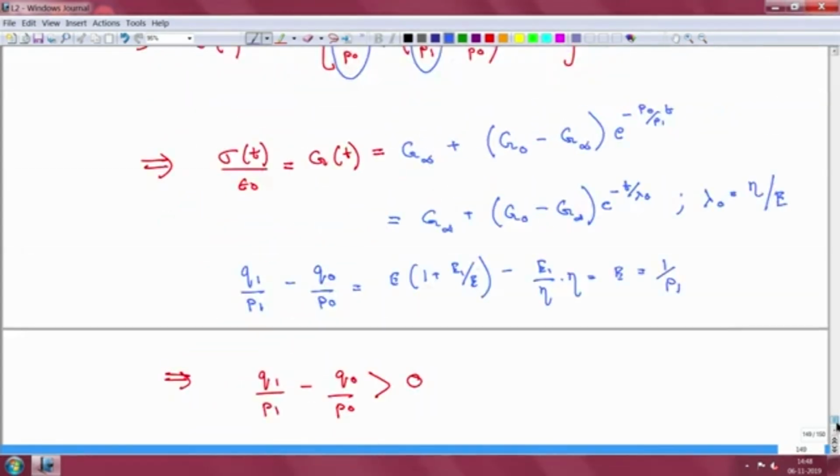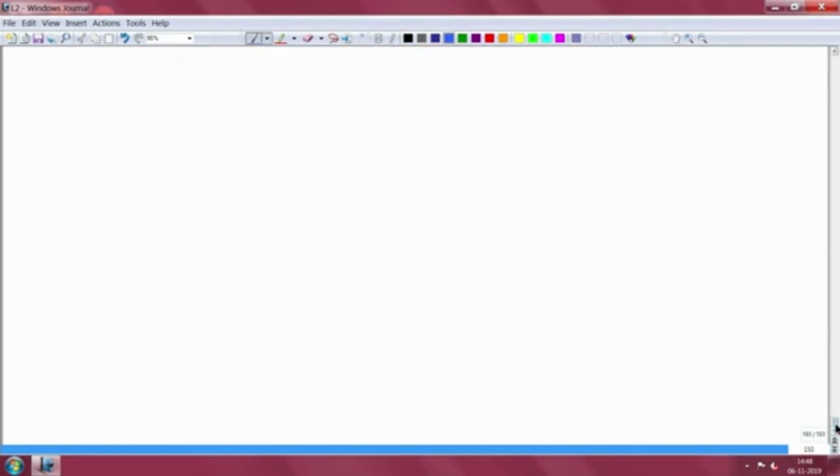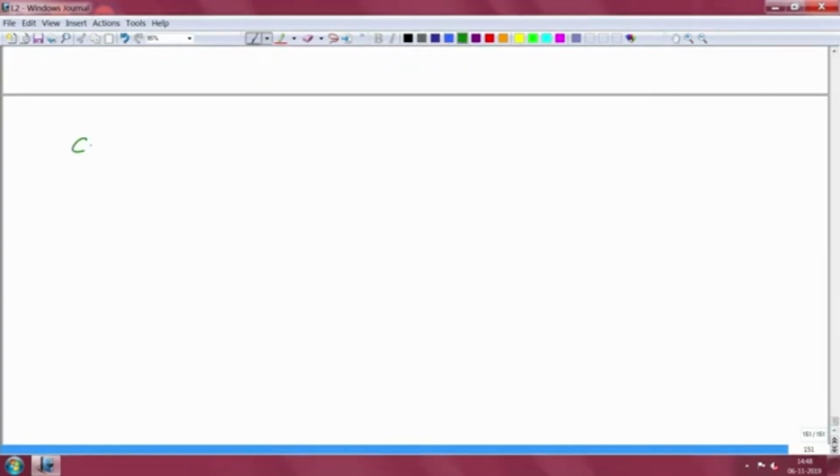Okay, so similarly to what we have done, we can now also look at creep response. So, in creep response you have your sigma t is equal to some sigma naught into our Heaviside function.